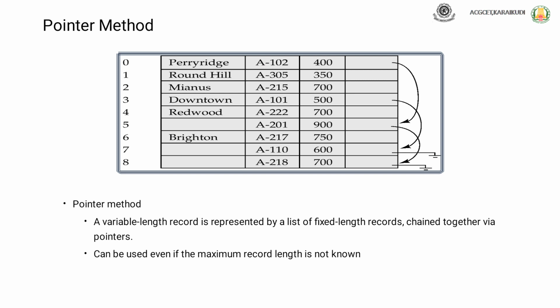The first record needs to have a branch name. This is the branch name field, this is the account number, and this is the balance. The first record needs to have a branch name value, but subsequent records do not.